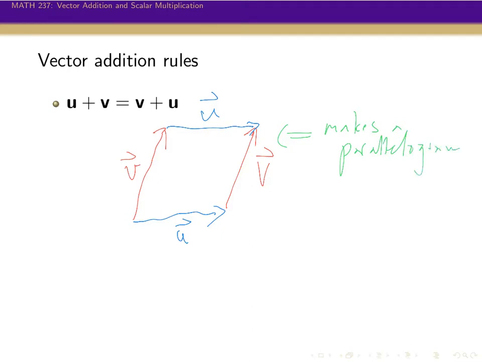Where the sides are u and v, and so we call this the parallelogram generated by u and v. And then what is the sum? Well, the sum is that diagonal right there of the parallelogram. u plus v is one diagonal of the parallelogram.